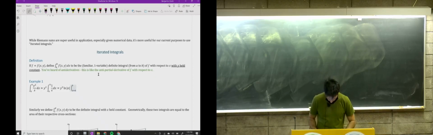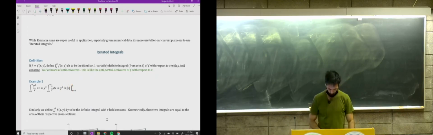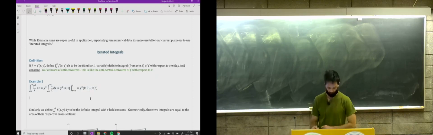Sometimes I'll even put an x equals 9 at the top just because it looks prettier. Sometimes I don't, though. In either case, let's evaluate this from x equals 6 to x equals 9. That will give us y squared times ln 9 minus ln 6. OK, cool. So that's that.